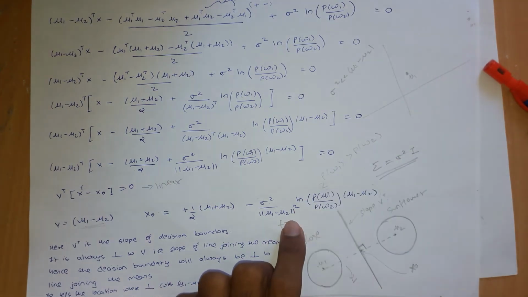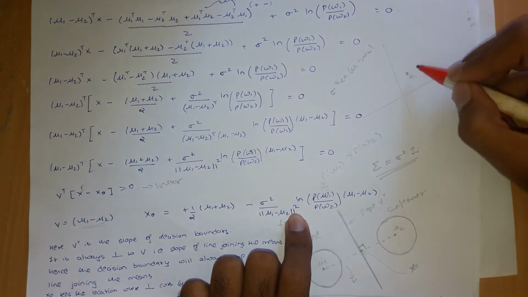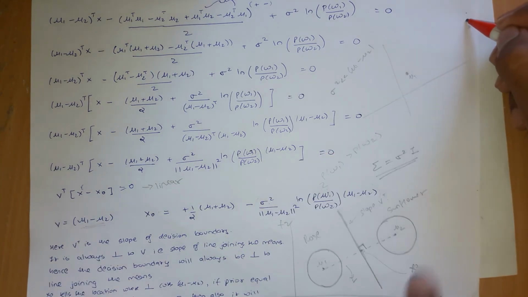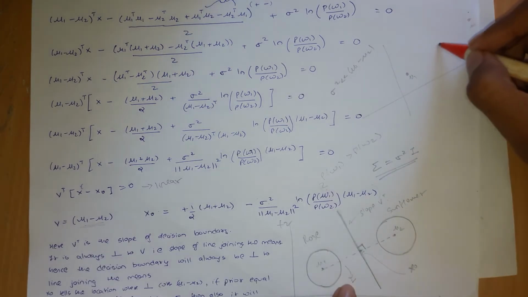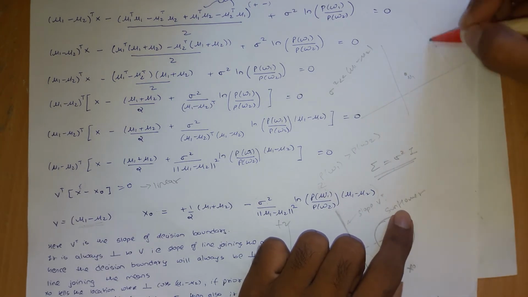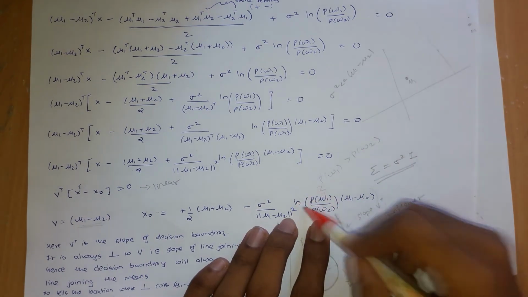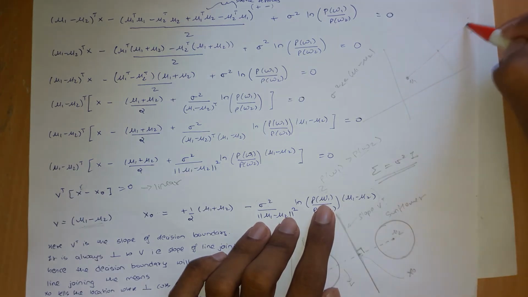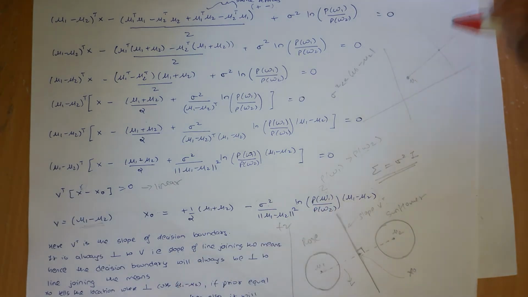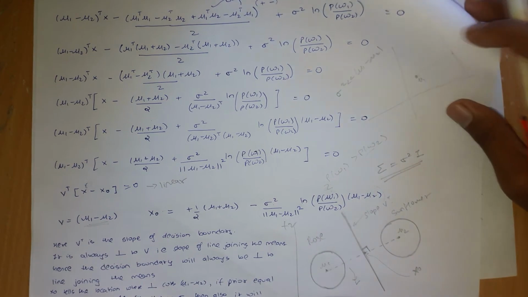There will be a square over here. So this just gives you the distance. So if the distance is very large as compared to this, then also you can expect a decision boundary that is in the middle of both of these. So if this is the case, the prior will not really matter. Even if this is the case, it will still be in the midpoint of the line joining the means. So that is the insight of this first case.